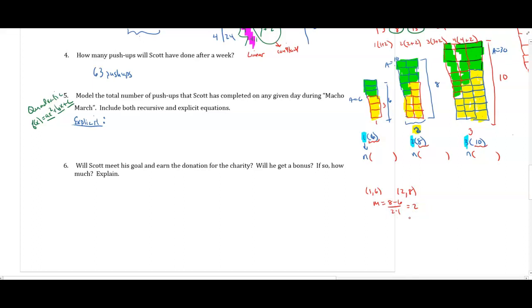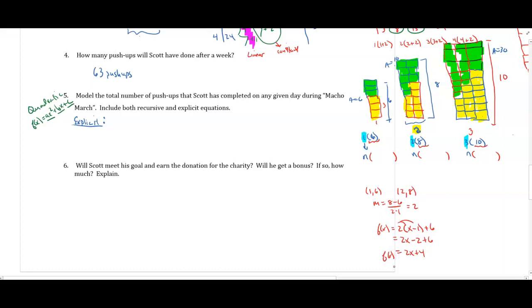My slope would be 2, hence the second difference. And if I plug that in, f of x equals 2 times x minus 1, plus 6. I would get 2x minus 2 if I distribute the 2, plus 6, which gives me 2x plus 4.